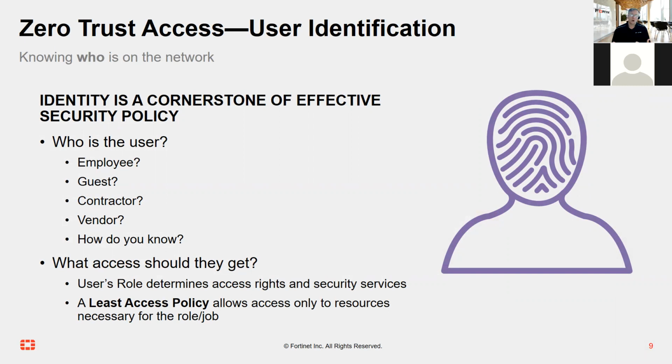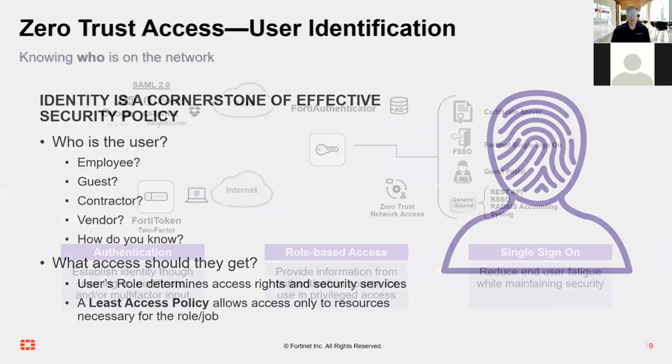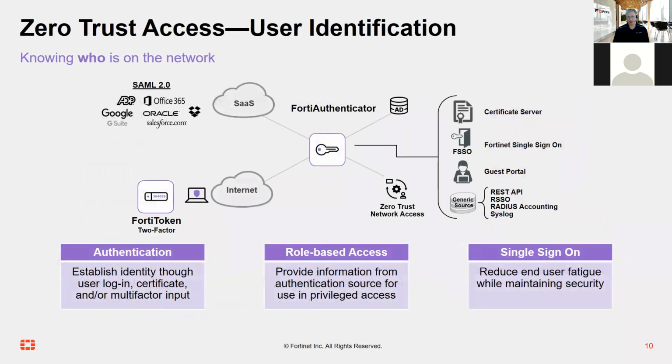The way that you turn that into a zero trust approach is to look at those zero trust principles, doing ongoing verification and least access privilege. That least access policy, the way that we do that within the Fortinet security fabric is with FortiAuthenticator.